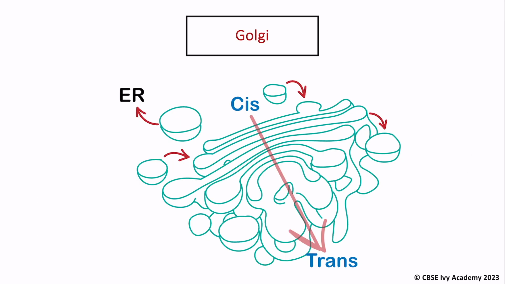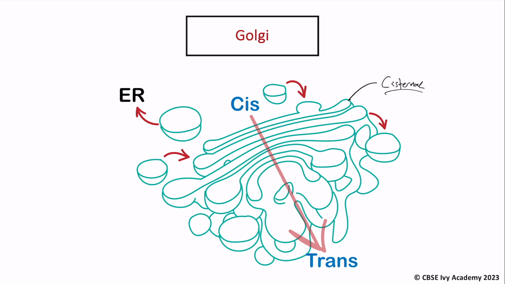Next topic. The Golgi. So the Golgi is involved in receiving, sorting, and shipping cell products from the ER to the rest of the cell. The Golgi is composed of these stacked membranes called cisternae. And the Golgi stack has directionality.